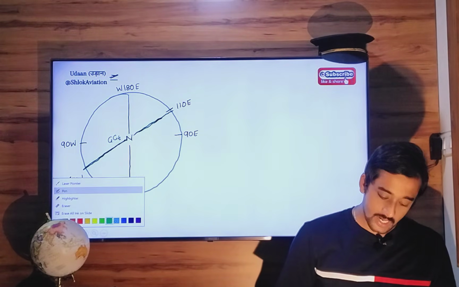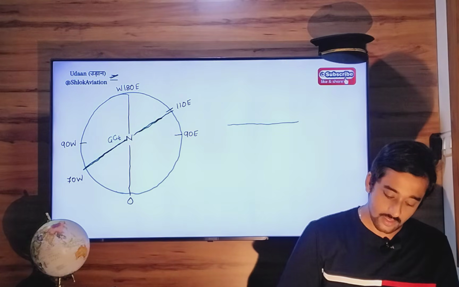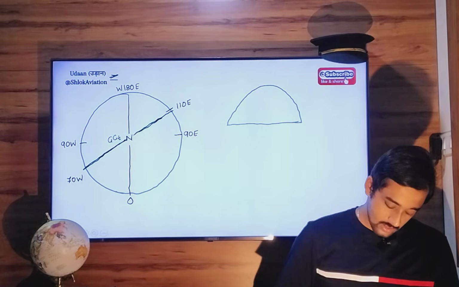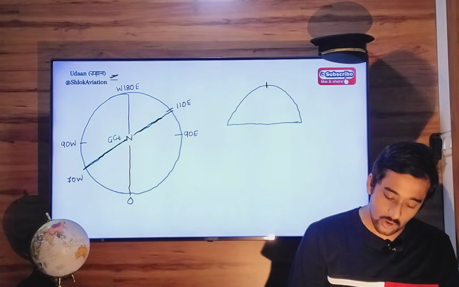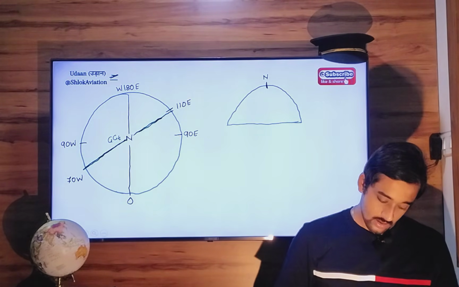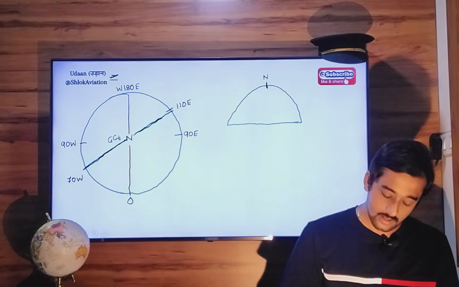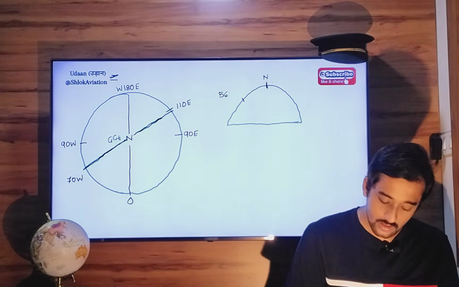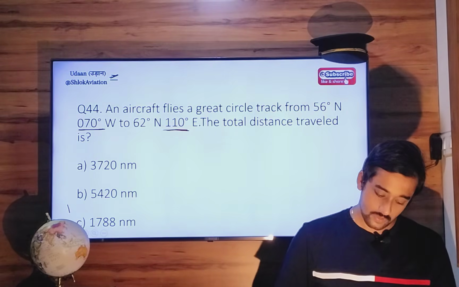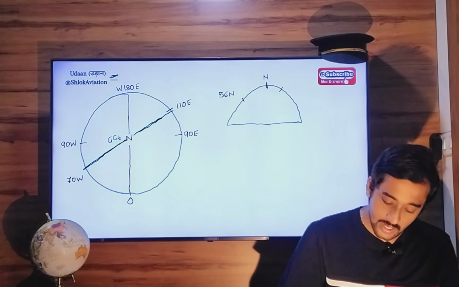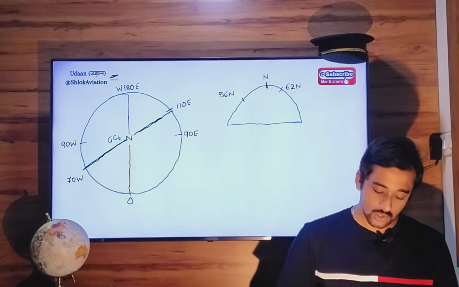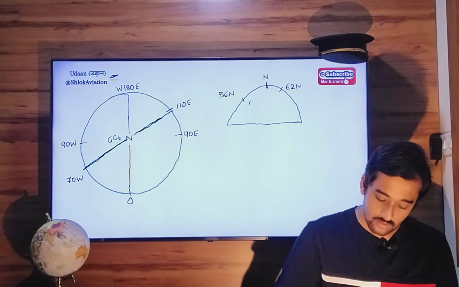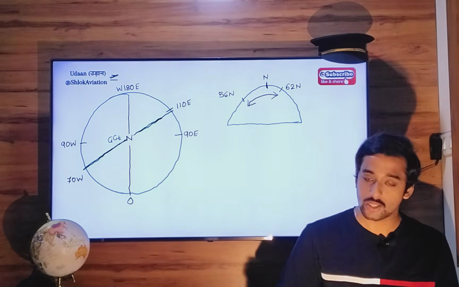So now we will draw another diagram for latitudes. This is your northern hemisphere. You have 90-degree North Pole, 56 North, 70 West. So 56 North, 70 West, 62 North, 110 East. So total distance between them is equal to how much?